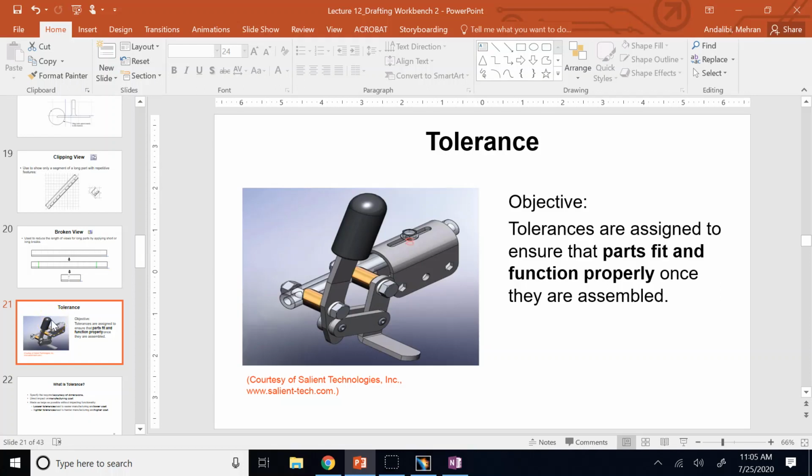So the idea of tolerance is this: when I have a part, especially several of them that are assembled together, how far can I deviate from what the designer asked me to make? How much of imperfection, inaccuracy in manufacturing I can have before the part is useless, right?